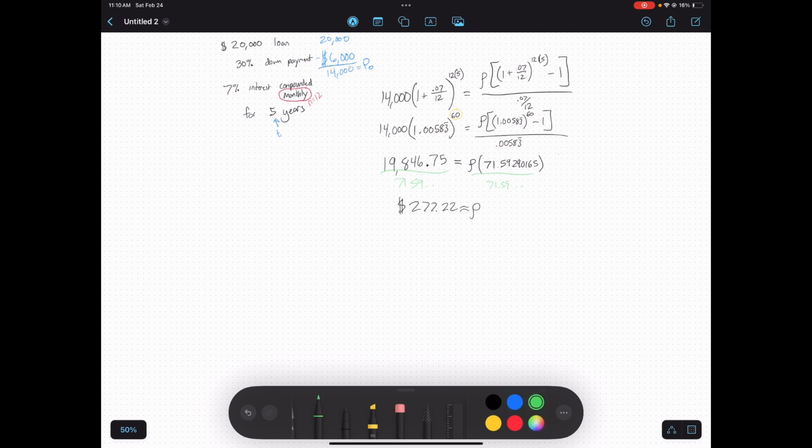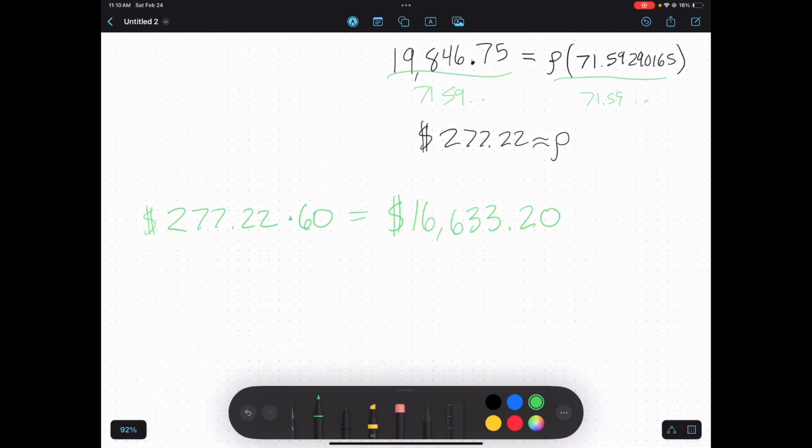So what I can do is take this $277.22 and multiply it by 60 to calculate the total amount I'm going to pay over the course of these 5 years. And I get $16,633.20.